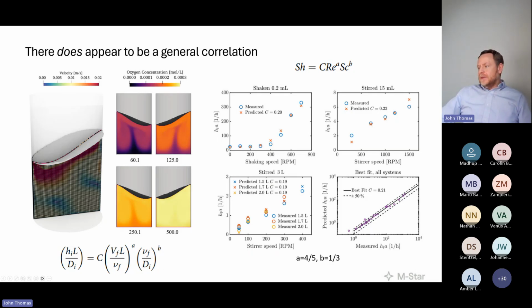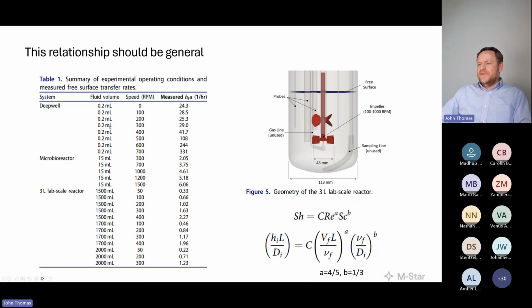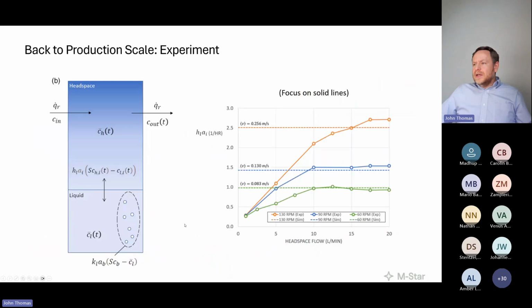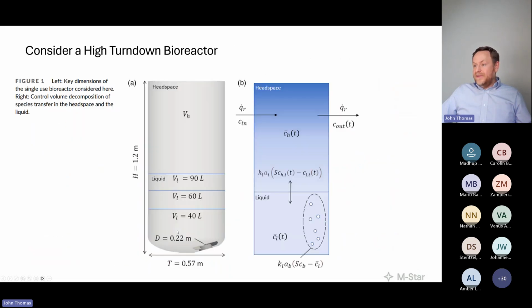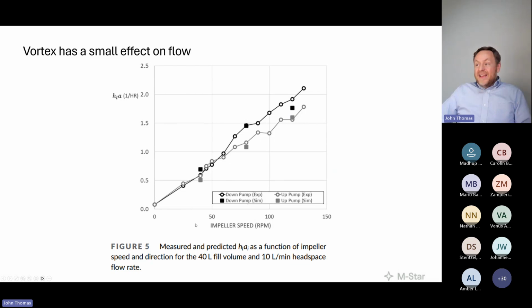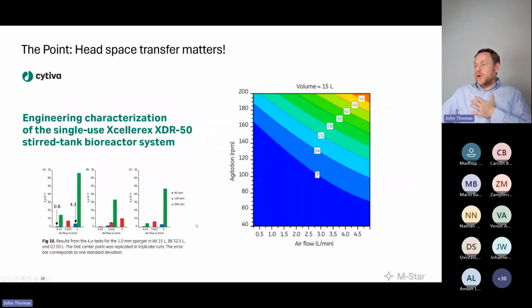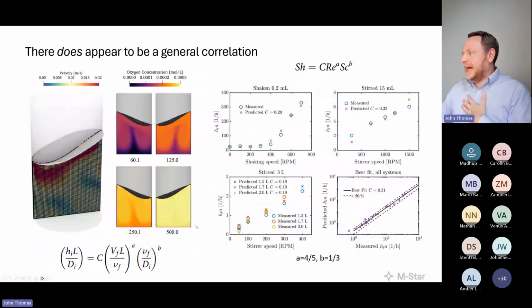Again, look at this: it's 2 orders of magnitude with one correlation. And that's not just in HLA, it's in volume as well. We're going from 0.2 milliliters to 2,000 milliliters, even up to the larger volumes that I'll show later, of 90 liters. That's cool, to have a generalized correlation that spans that many orders of magnitude.